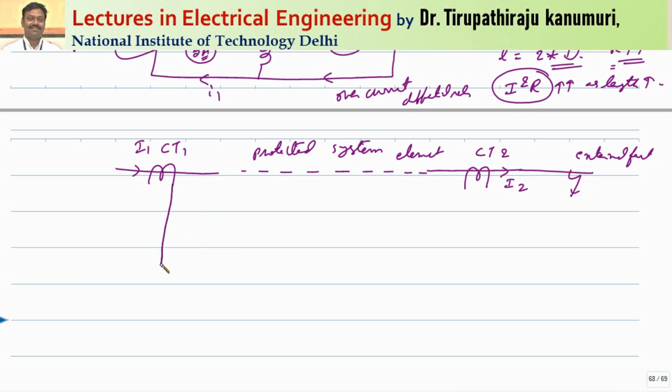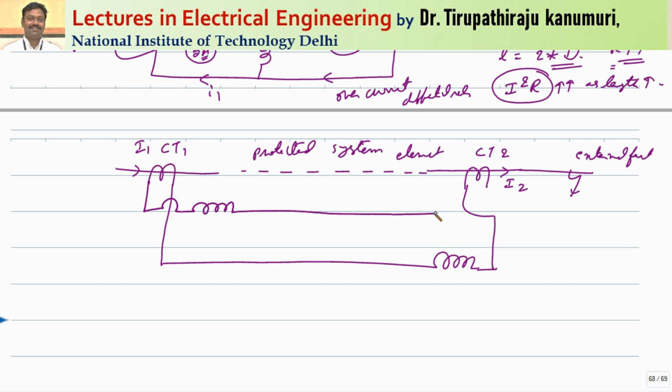So this is connected through the relay coil and connected to the primary side of this one. Similarly, this one is also connected through the relay coil and connected here. So this is my relay, and this is also a relay element.